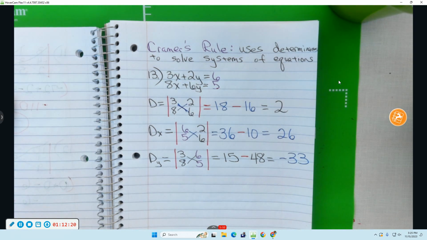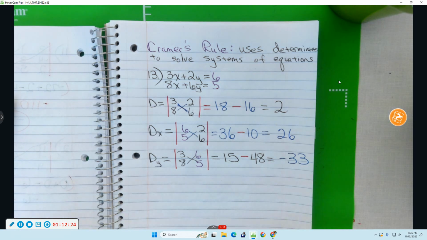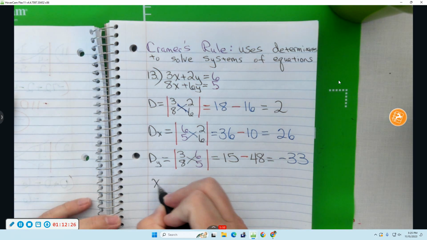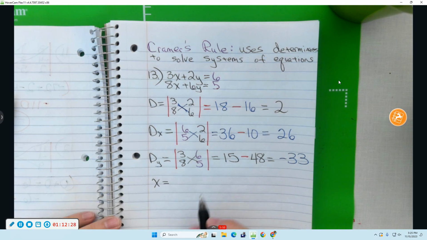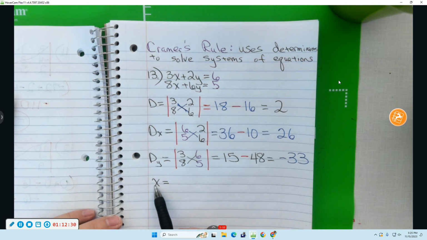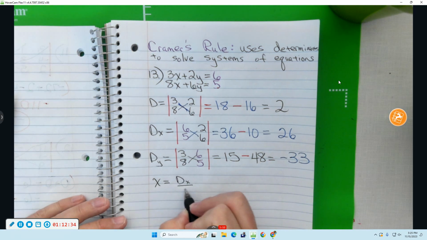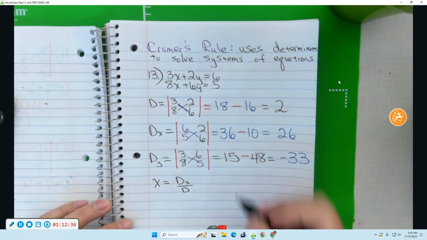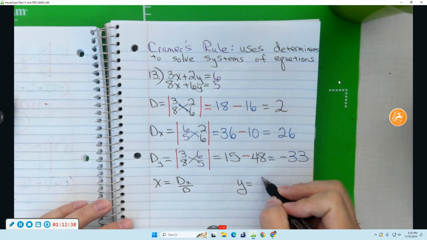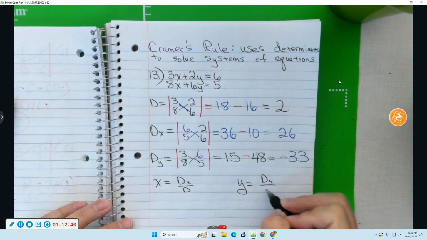And now here's the thing that, if someone said state Cramer's rule, write it out. Here it is. He was able to prove that x, the x value in the point of intersection, will always equal d sub x divided by d, and y will always equal d sub y divided by d.